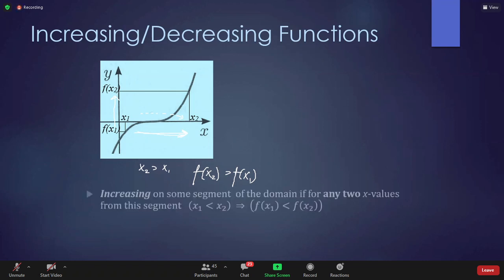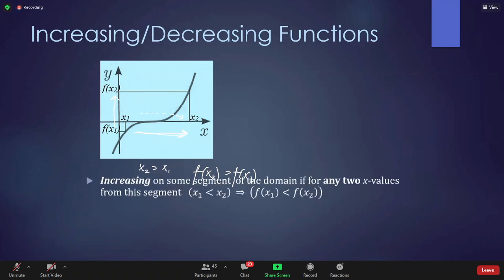In other words, the function is said to be increasing on some segment of the domain, because it doesn't happen all through the domain, perhaps.